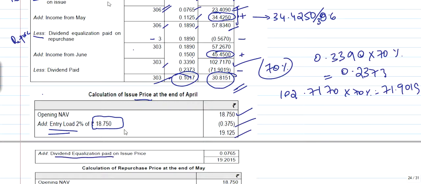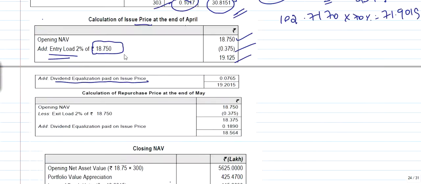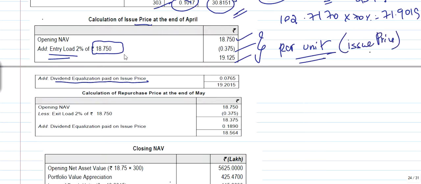Then dividend equalization paid on the issue price. Here we were getting this per unit income, so on the 6 lakh also dividend equalization we will get 0.0765 per unit. This is all per unit calculation, because it is an issue price. So that has to be added.